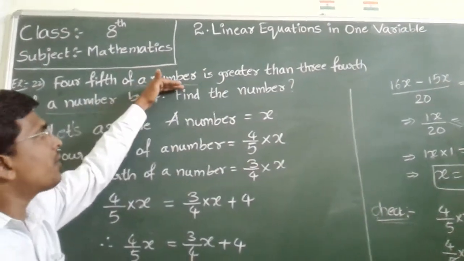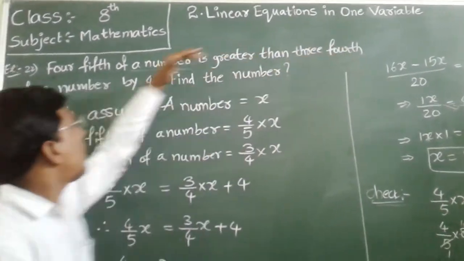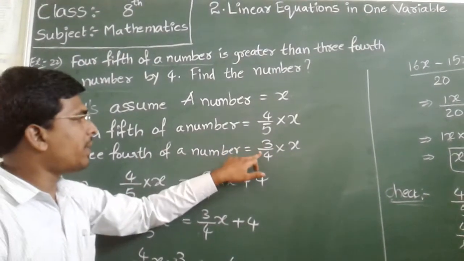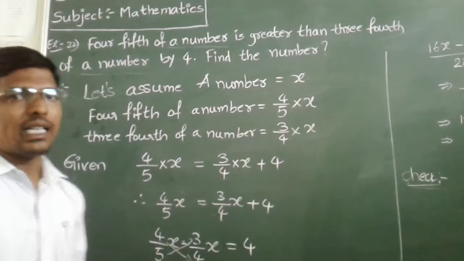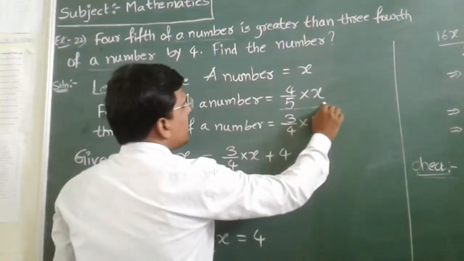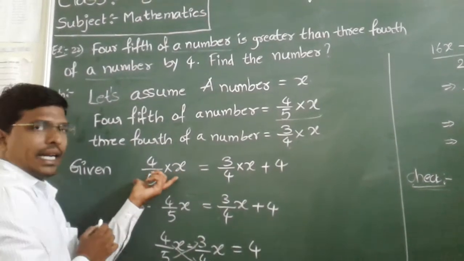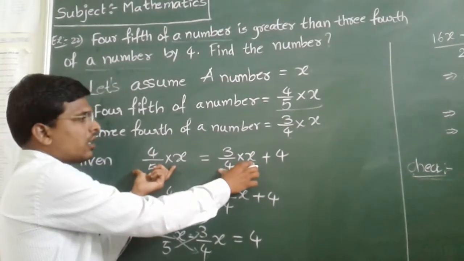So 4/5 of a number is greater than 3/4 of a number, that is 3 by 4 into x. This number, 4 by 5 into x, is the bigger number than 3 by 4 into x.